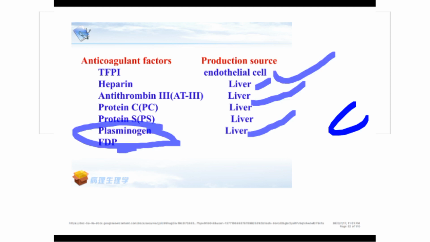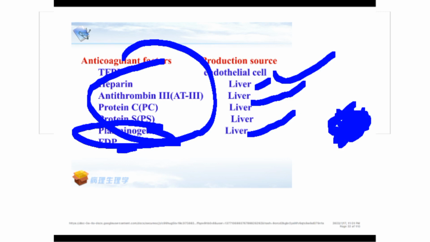If there is clotting, the plasminogen will be activated by tissue plasminogen activator, or TPA, so it will dissolve the clot. While the others prevent the clotting from even happening. So that is it.